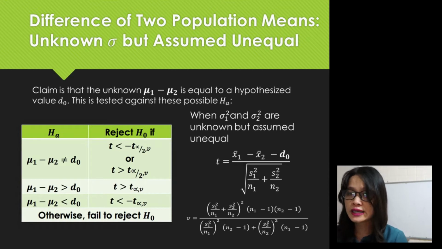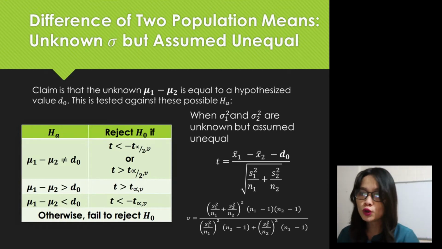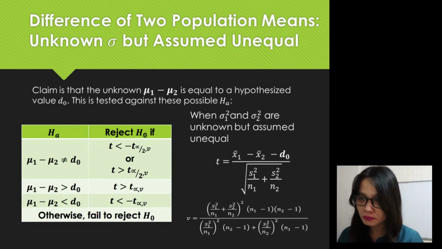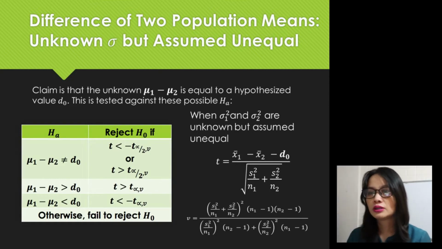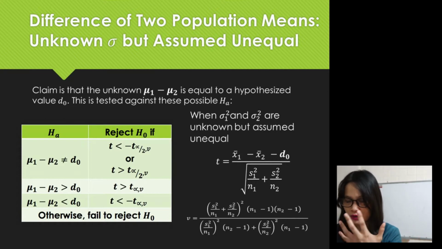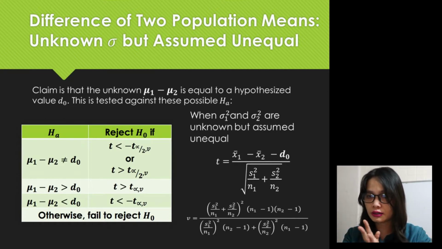So when the variances are unknown but assumed unequal, to solve for the t value, the t value is equal to sample mean sub 1 minus sample mean sub 2 minus the d sub O, all over the square root of the variances of the sample.